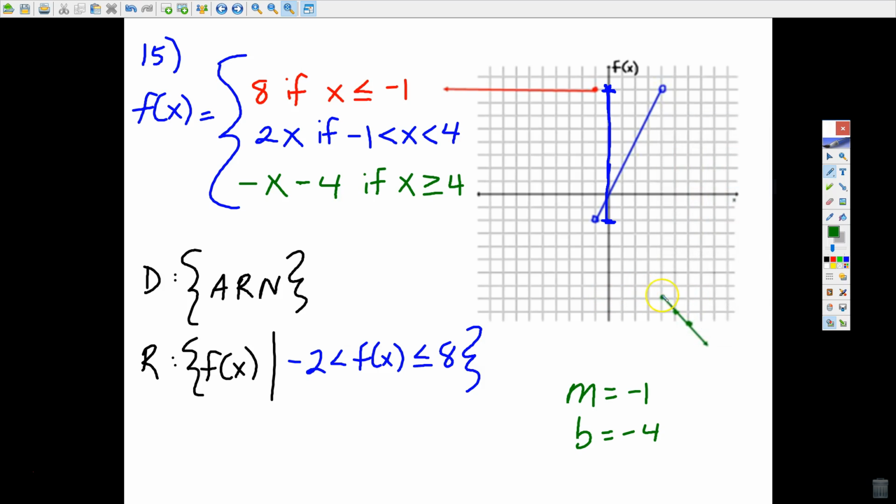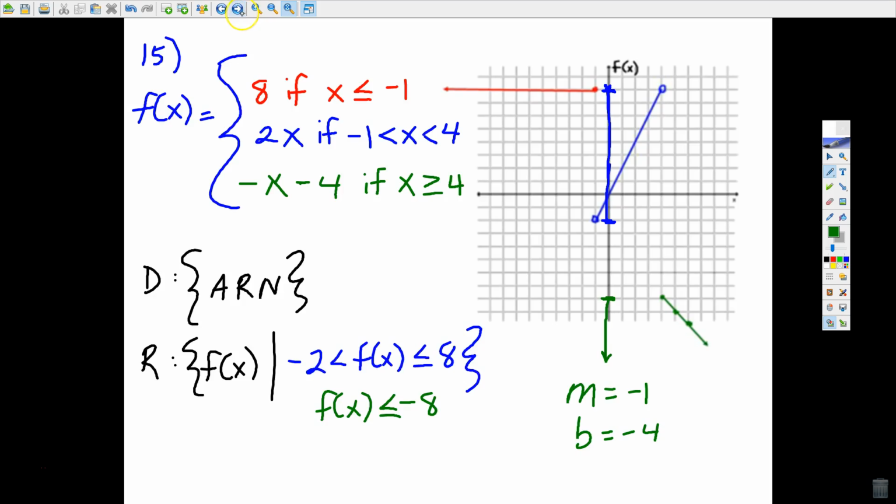Very good, because if you just take the end of this green line, go to the y-axis, it starts there, and according to this, it's going to continue to go down forever. And he's exactly right. This would be f of x, or if you did y, that would be okay. Less than or equal to -8. And we are done with number 15. Any questions?